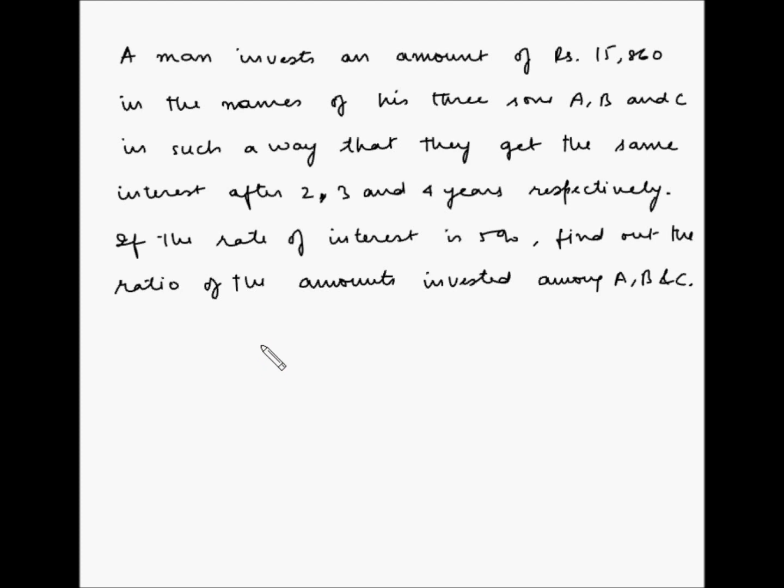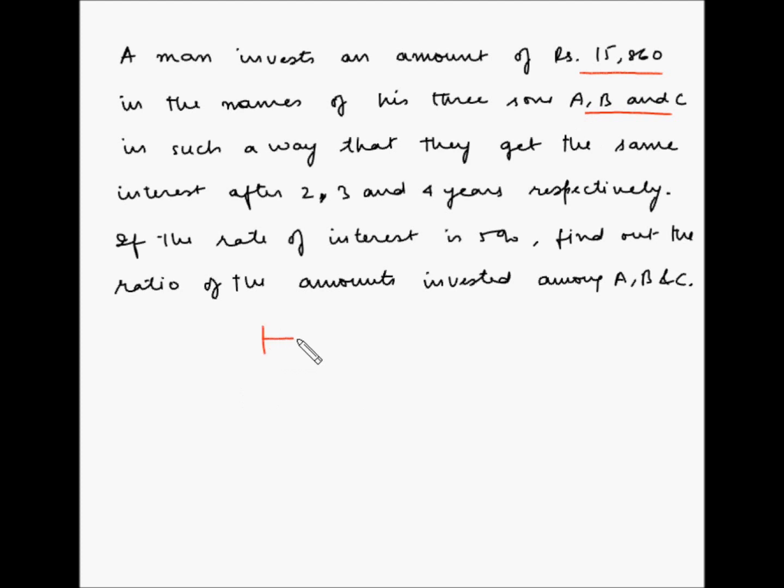So a man has three sons A, B, and C, and he has a total amount of 15,860. Now he invests this amount into three schemes for his three sons in such a way that they get the same interest after 2, 3, and 4 years.